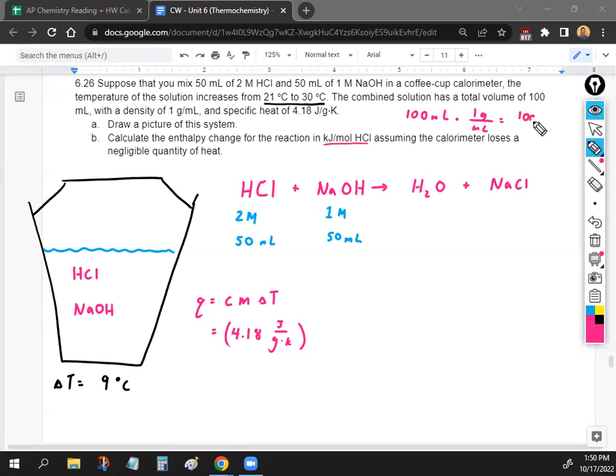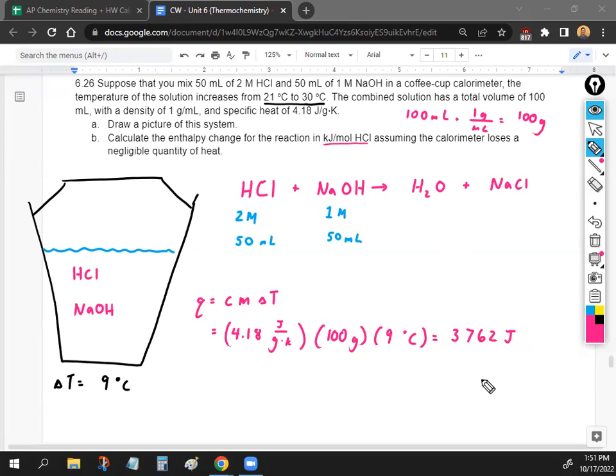Yeah, 100 grams. That's going to be our mass. And then obviously delta T is 9 degrees Celsius. All right, so if we calculate all that out, we get 3,762 joules.